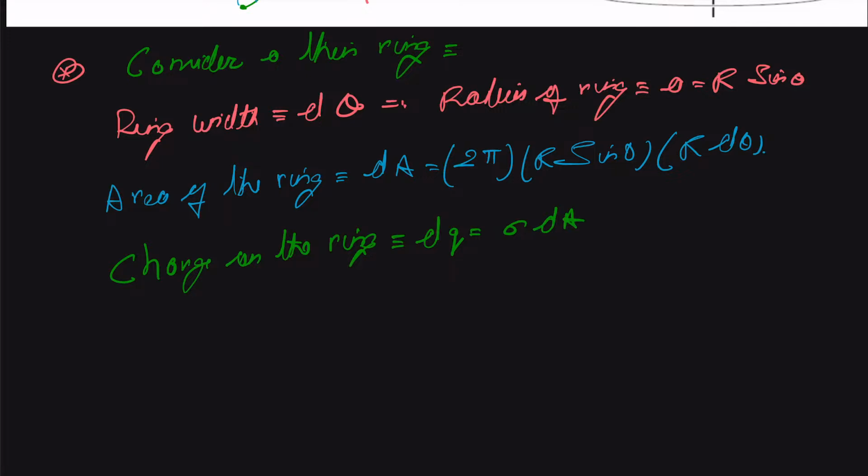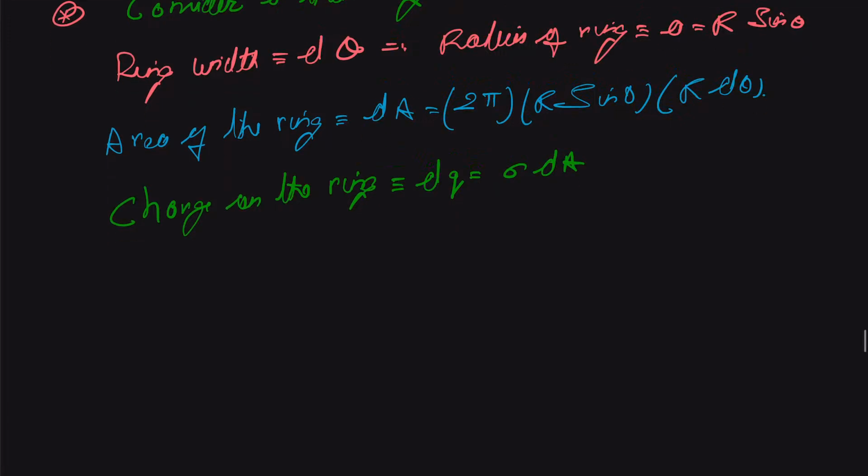So dq will be equal to sigma times 2 pi r square sine of theta times d theta. So we found the charge on the ring, and based on it we can find what the field will be at the point, which is point P.